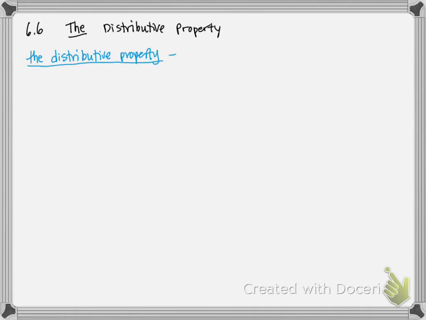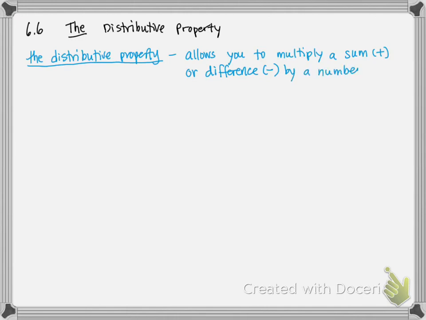And the distributive property allows you to multiply a sum, that means plus, adding, or difference, or subtraction problem, by a number. So what's unique about the distributive property is that it involves two types of operations, okay?